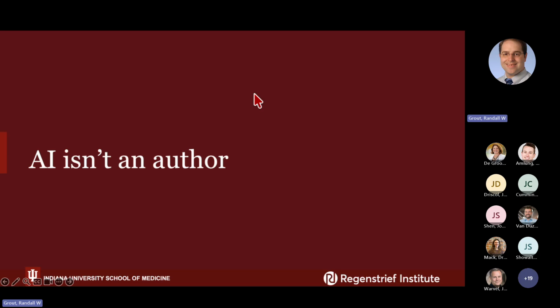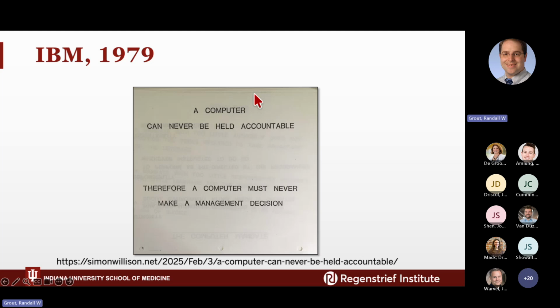All right, first thing, AI is not an author. There is a notable slide, and by slide I mean a paper slide from IBM, that has made the rounds in the AI community from a popular programmer and blogger named Simon Willison.